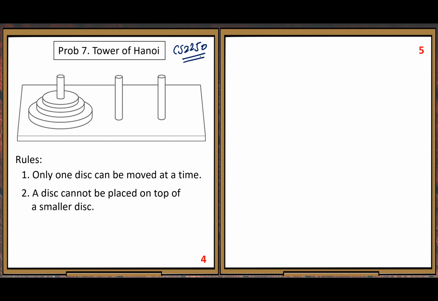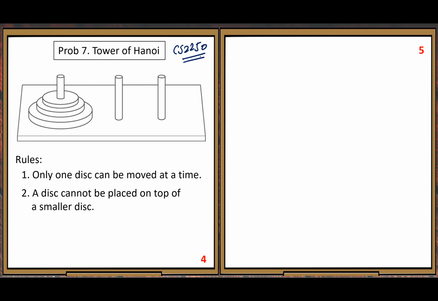Otherwise, without this rule, the puzzle is very easy, because you can move in an arbitrary way. So this rule is important. You have to maintain a certain order when you move your disks.